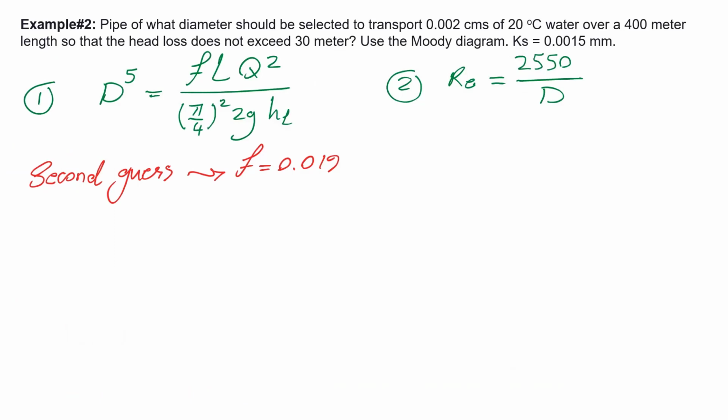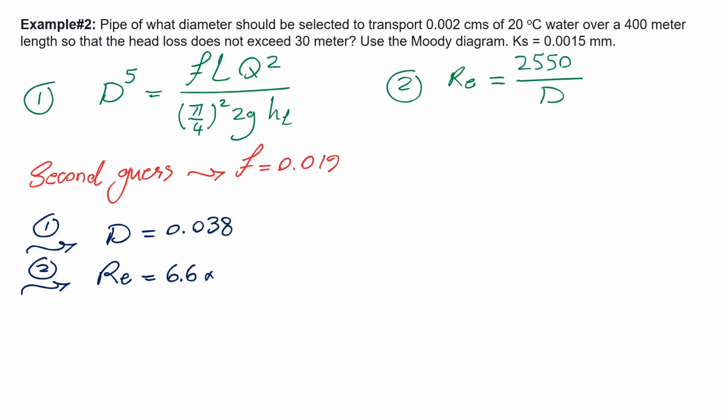All right, now, so if you put this second guess of resistance factor into equation number 1, then you get a D, or diameters, equal to 0.038. And if you put it into equation 2, the Reynolds number that you get would be equal to 6.6 times 10 to the power 4.